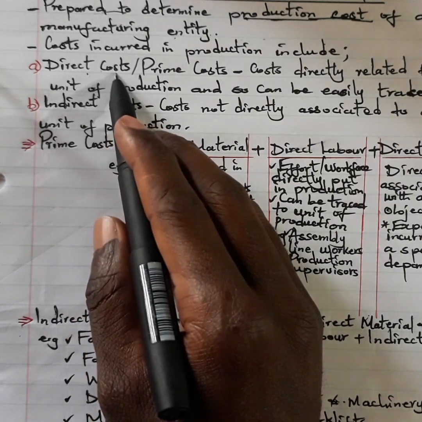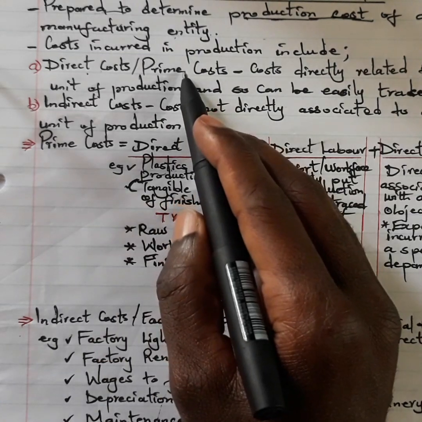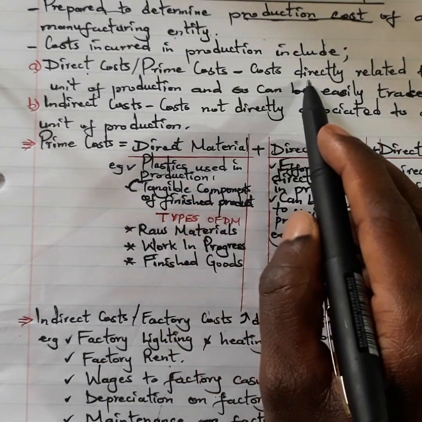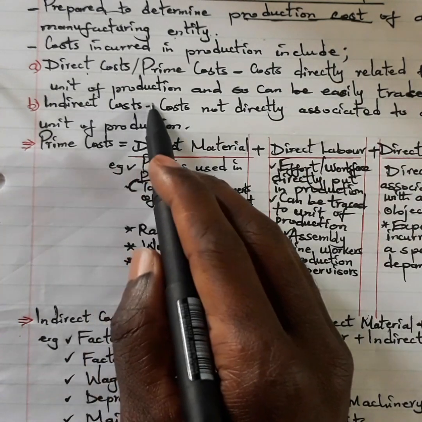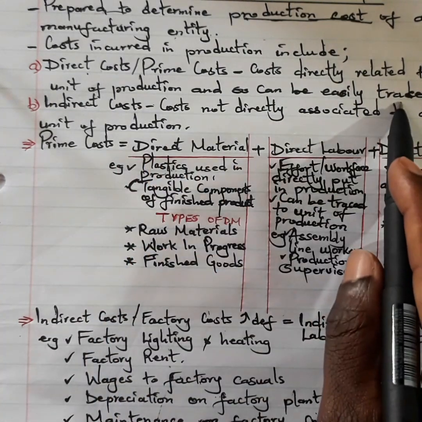Now, what about direct costs, also known as prime costs? These costs are directly related to a unit of production and so can be easily traced.